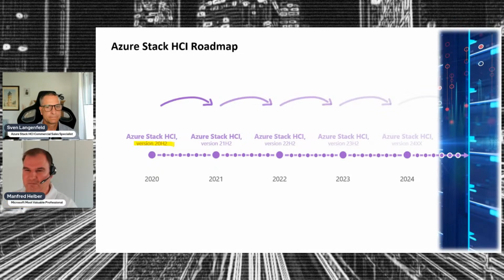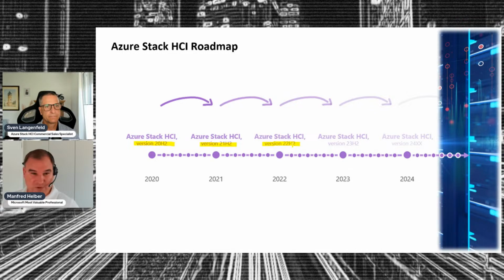But the only connectivity to Azure was some integration for billing purposes to send the cores to Azure. In Azure Stack HCI version 21H2, there were more Azure additions we could use on premises. We had this AKS support, we had extended connectivity to Azure, and then version 22H2 came up.